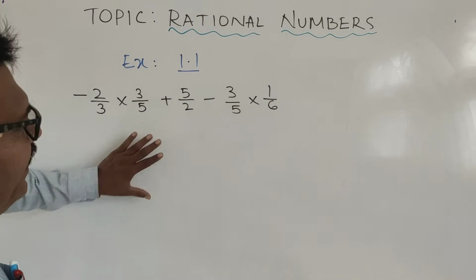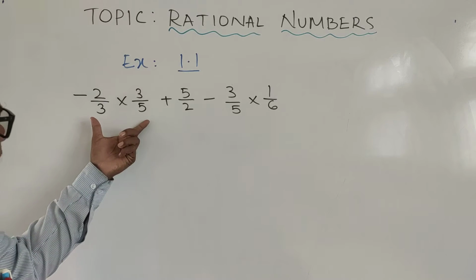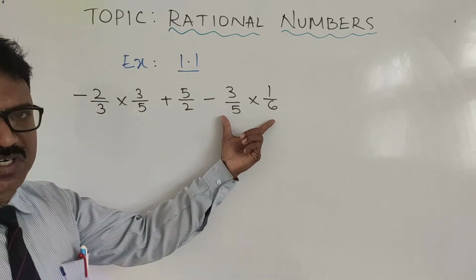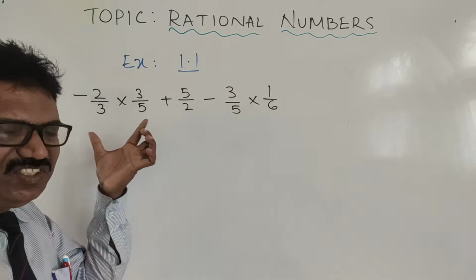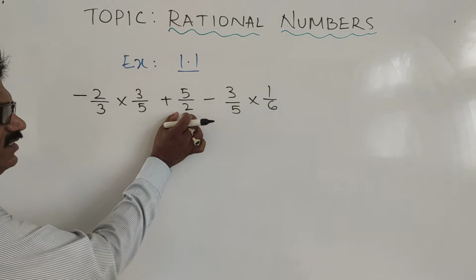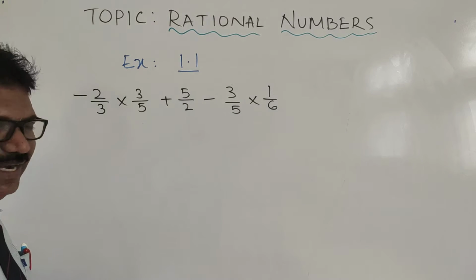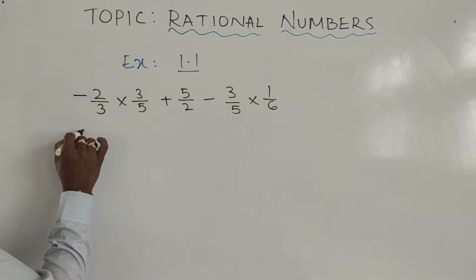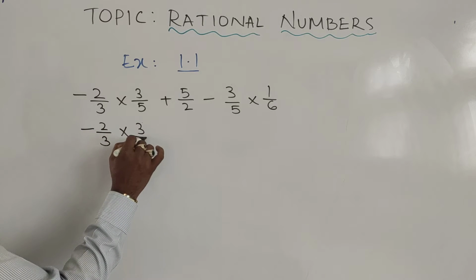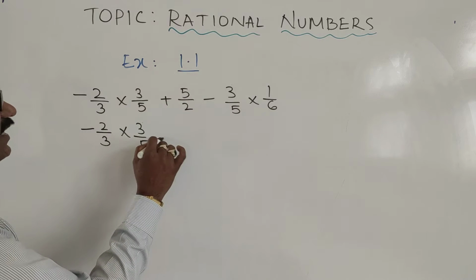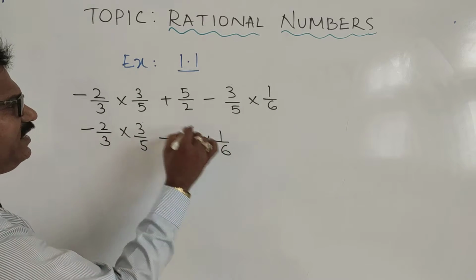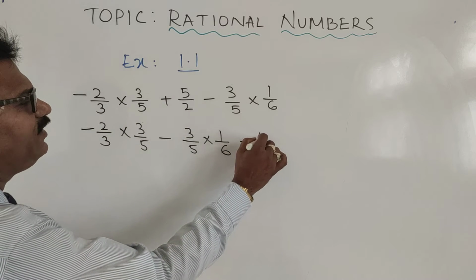If you observe this, this is the first term, this is the second term and this is the third term. For the second term there is no additional factor. Therefore I will write minus 2 by 3 into 3 by 5, then minus 3 by 5 into 1 by 6, and I will write this 5 by 2 like this.